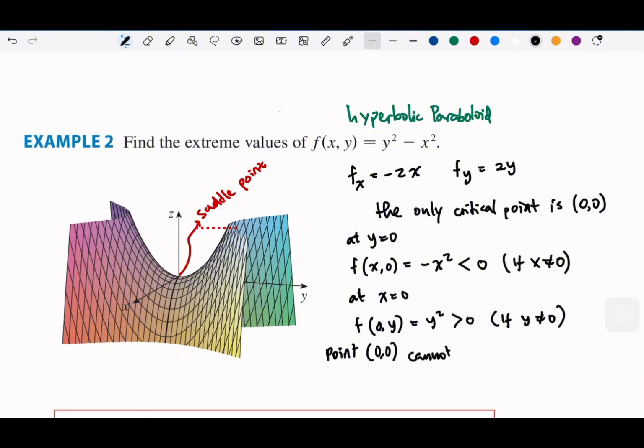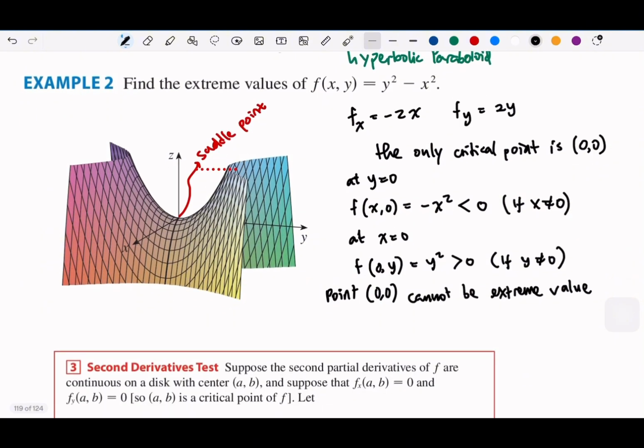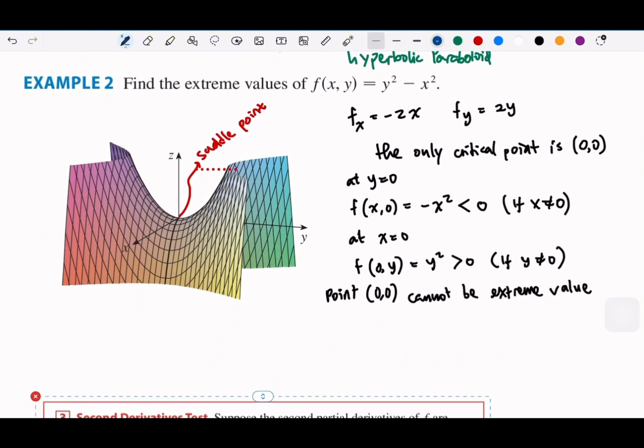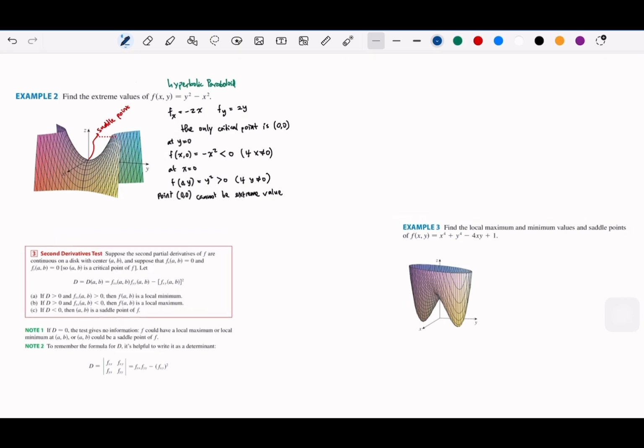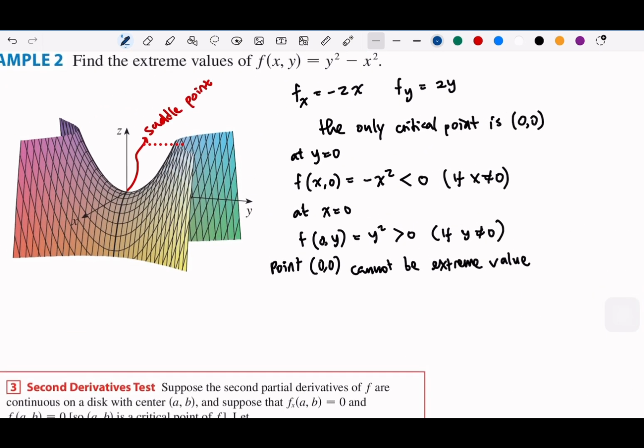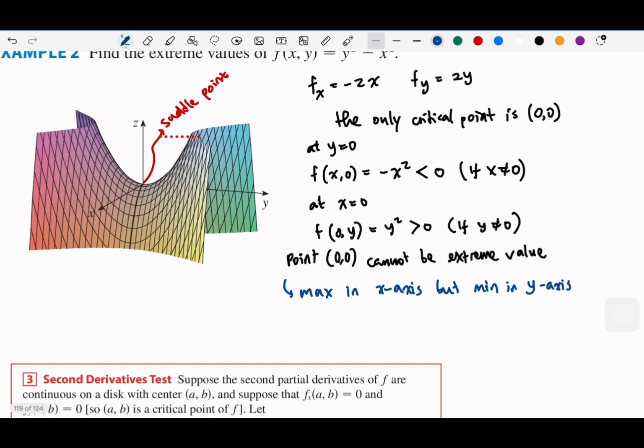It cannot be an extreme value, because at the point (0, 0), this will be a maximum in the x direction but a minimum in the y direction.